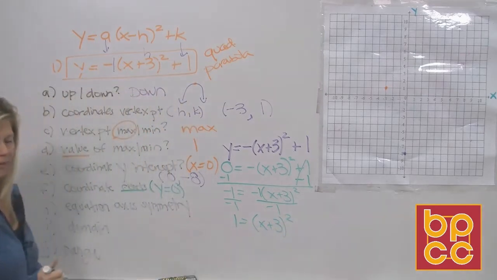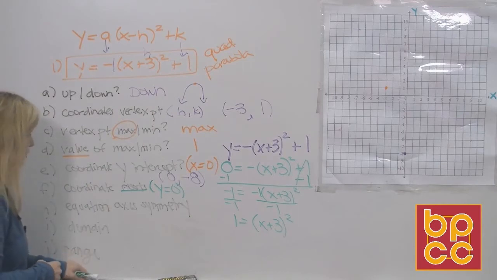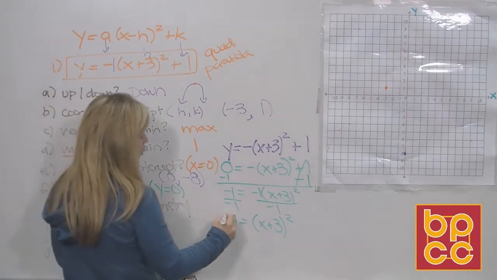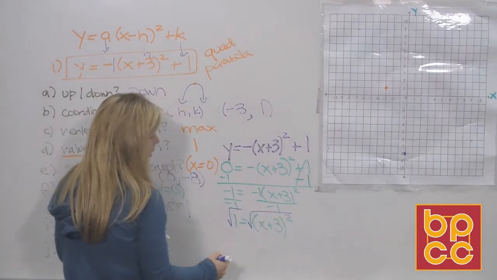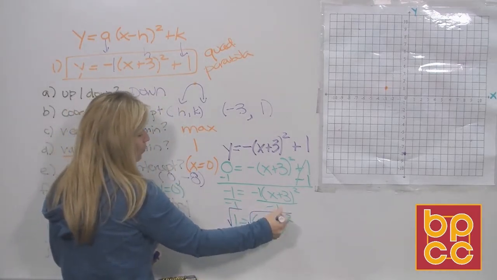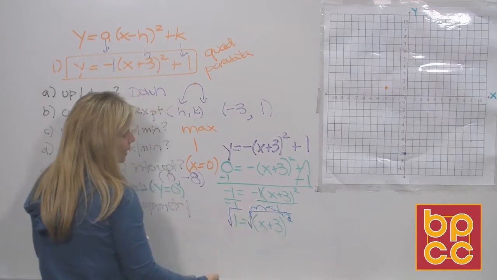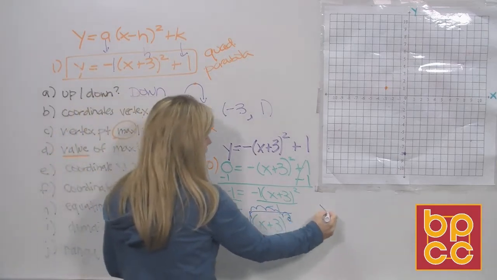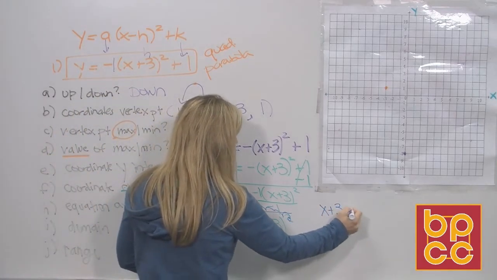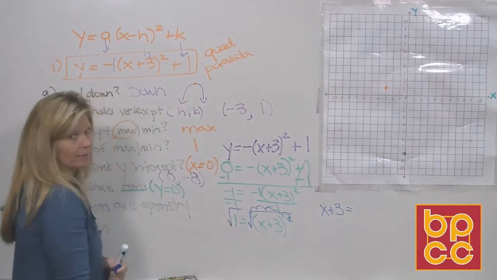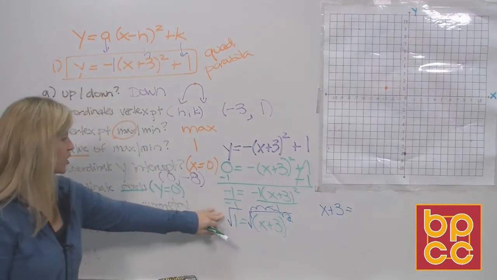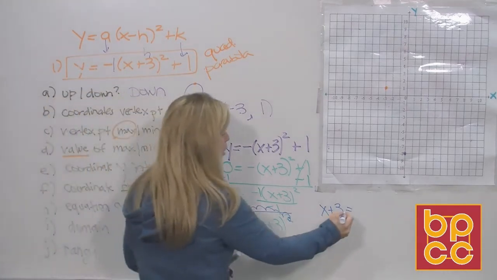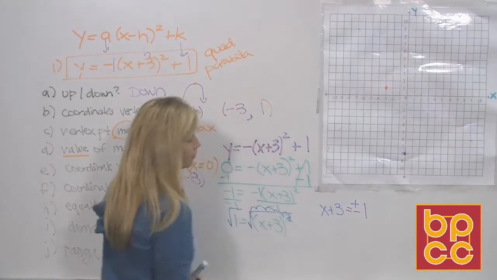Ooh, this looks really familiar. How do you get rid of a square? Very good. You square root both sides. We know squares and square roots cancel out. That's going to leave us our x plus 3. What is the square root of 1? Very good. When you stick a square root symbol in an equation, you've got to put both a plus and a minus.